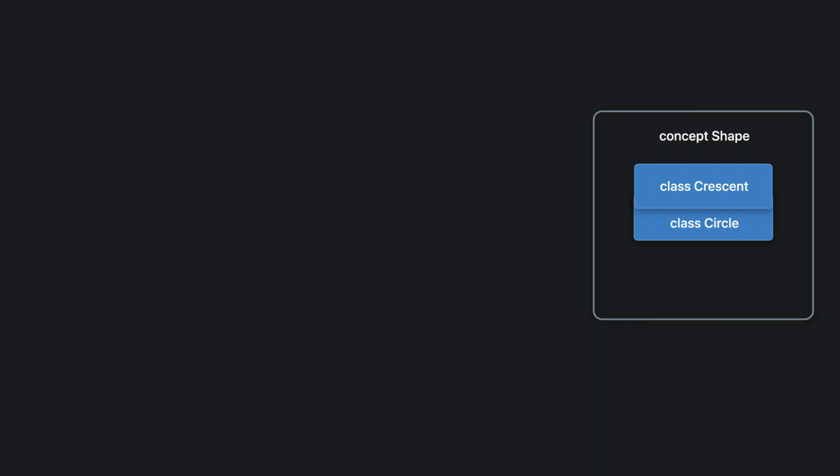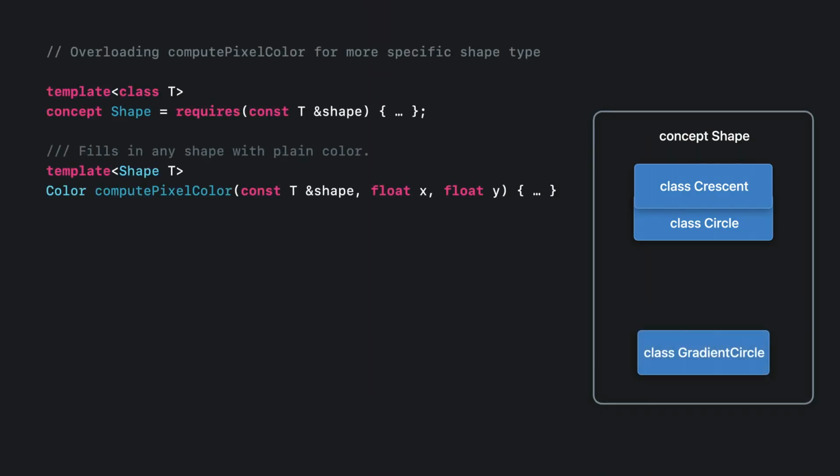After seeing the plane shapes rendered, I would like to create a different version of computePixelColor that adds colors to some of my shapes. Let's say I want to add a colorful gradient circle class to my shape library. I now need a new function to compute the pixel color in the image.